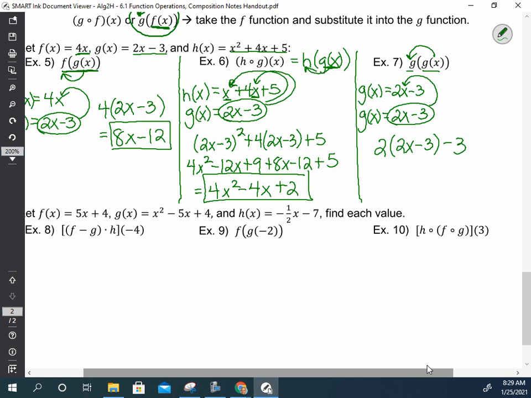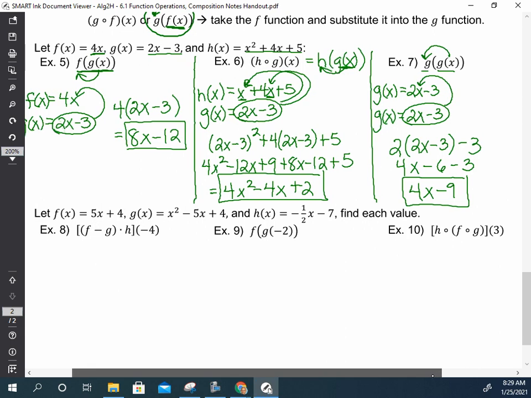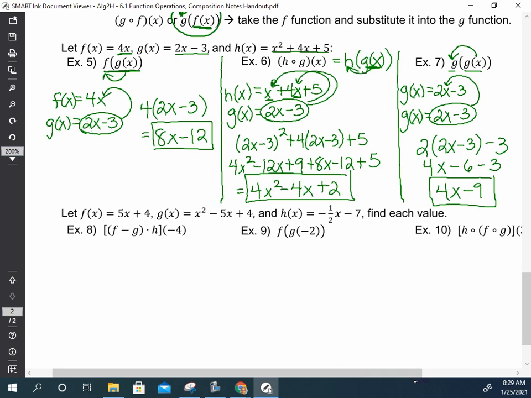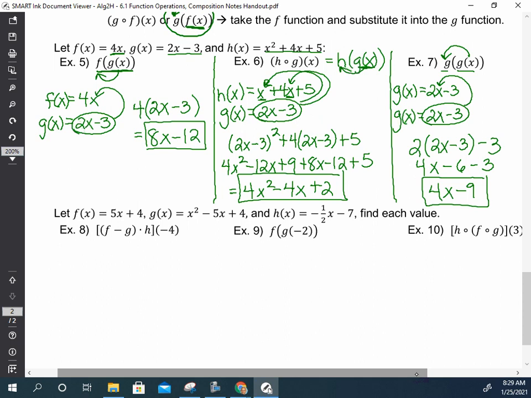No rule that says you can't do it. So after you do it, you simplify. That's it, problem's over. Now, the one thing that I didn't put was the domains.